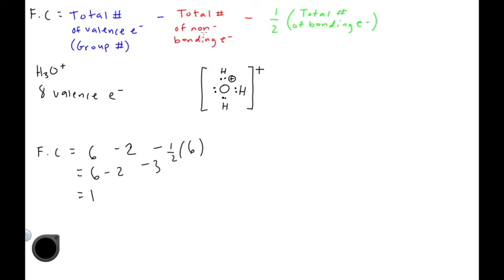So if we add up all the formal charges in hydronium, we have 0 plus 0 plus 0 plus 1, which is a total of plus 1, which corresponds to the overall charge of our molecule, which is plus 1. And so for our next molecule, we have dimethyl azonide.